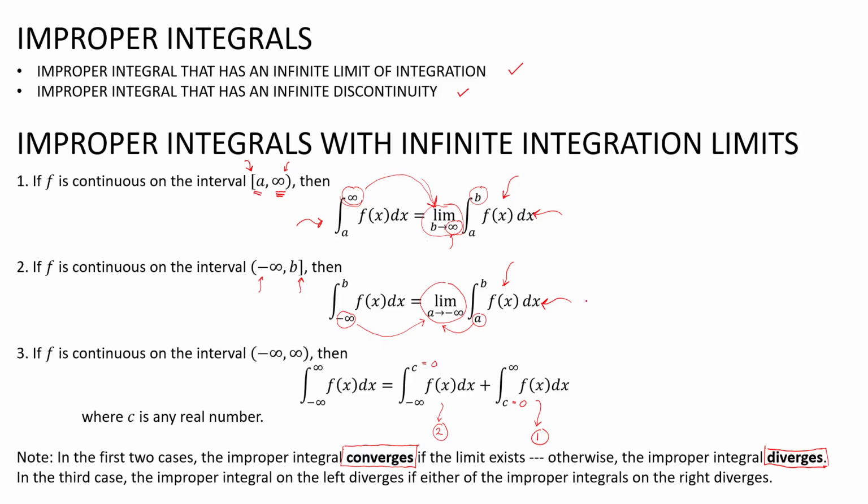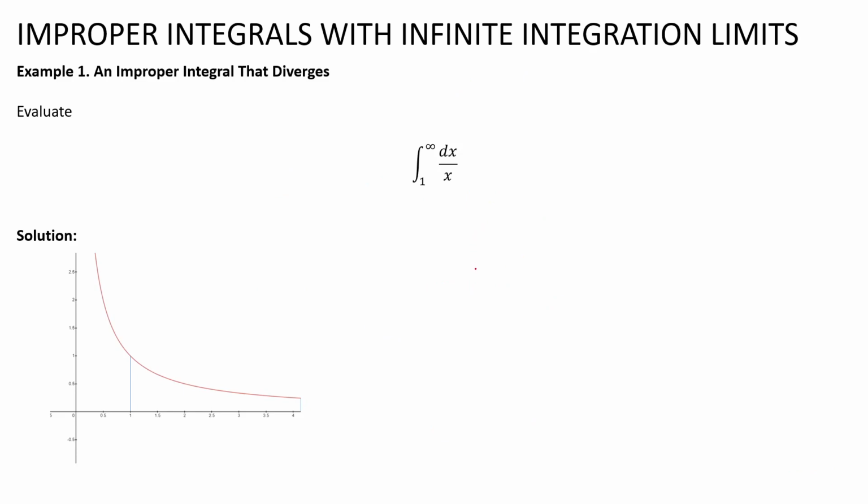So those are the different properties. Let's try to solve some examples for us to appreciate what we have discussed so far. You need to evaluate the integral of 1 over x from 1 to infinity.